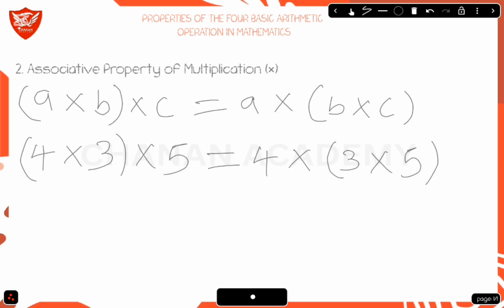So now we are checking if multiplication is associative. So 4 multiply by 3, what's the result? 12. Multiply by 5 equals 4 multiply, so 3 multiply by 5, the result is 15. So 12 multiply by 5, the result is 60.